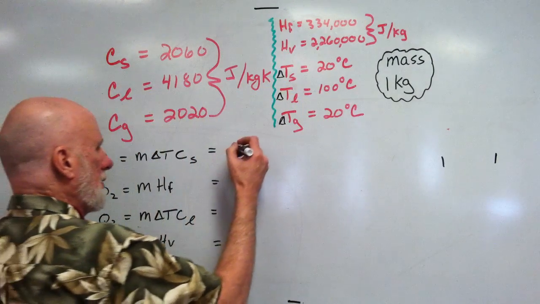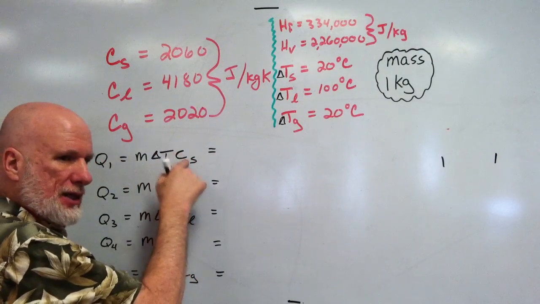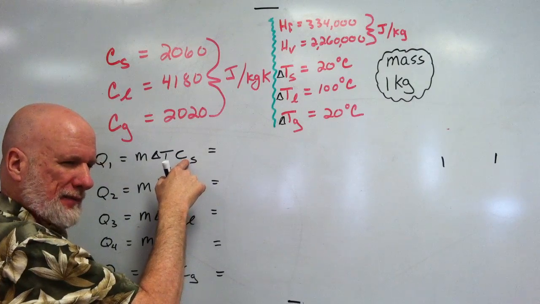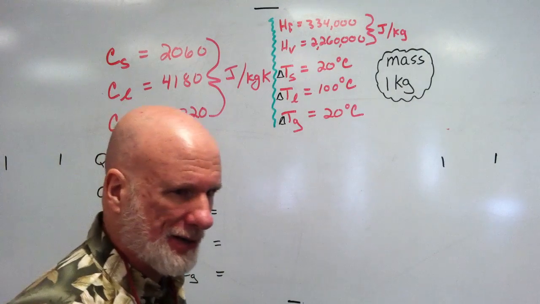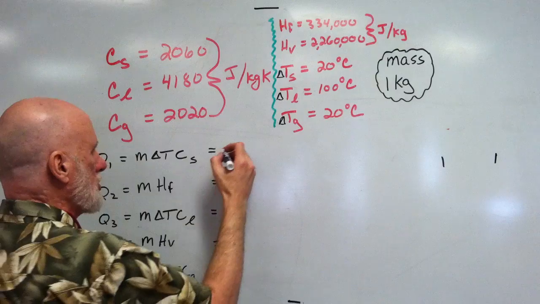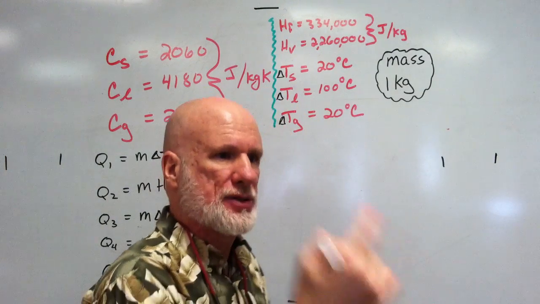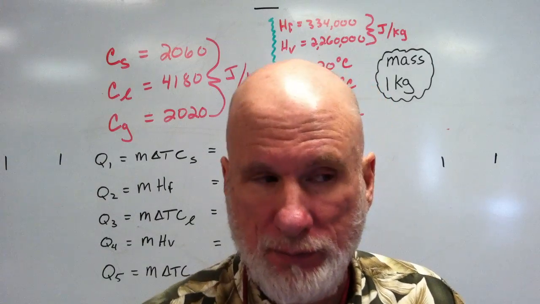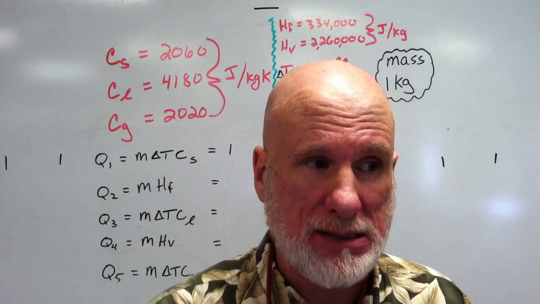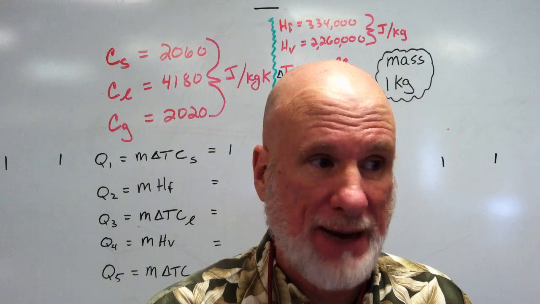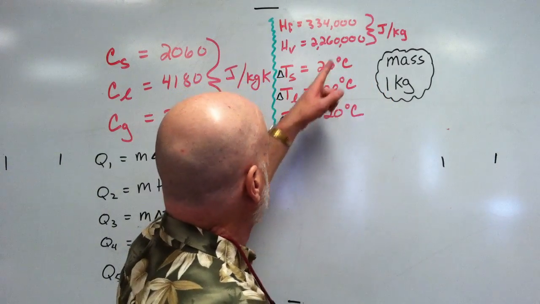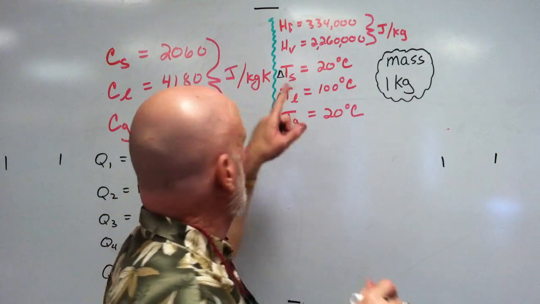This is going to be, remember, mass times delta T times C. You're going to have to help me out here with the calculations. I'm going to leave off the unit labels. Mass is kilograms. Degrees Celsius is temperature. Kelvin, same thing, don't worry about it.